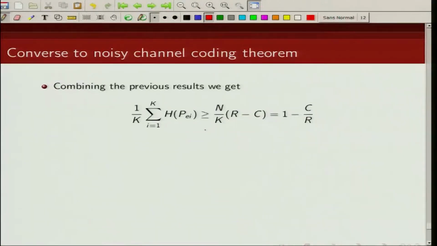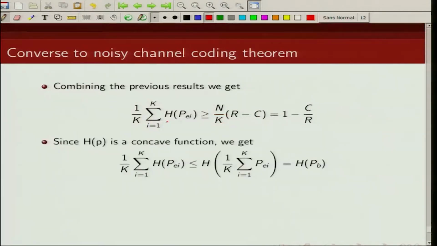So the summation of H of Pe is lower bounded by n times (R minus C), and if we divide both sides by k, what we get on the right hand side is n by k times (R minus C), which is nothing but 1 minus capacity divided by the rate.